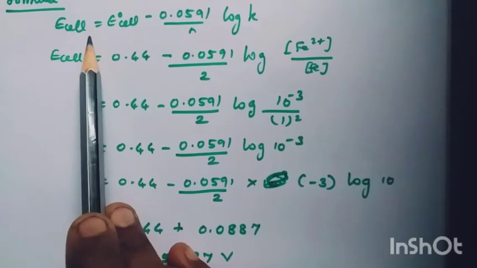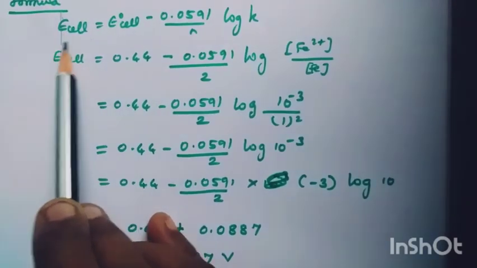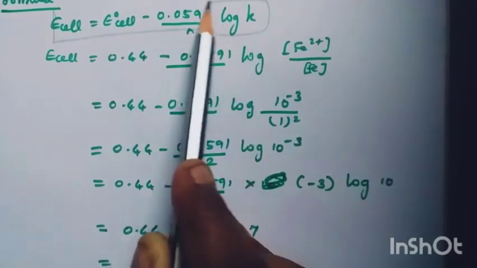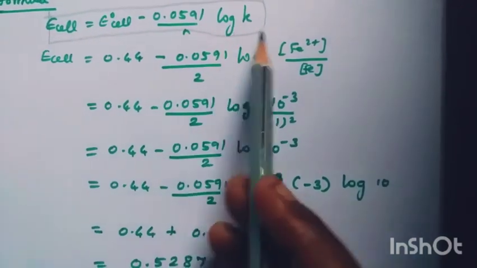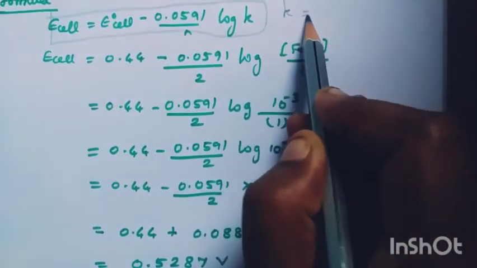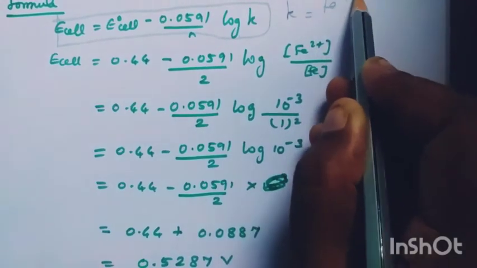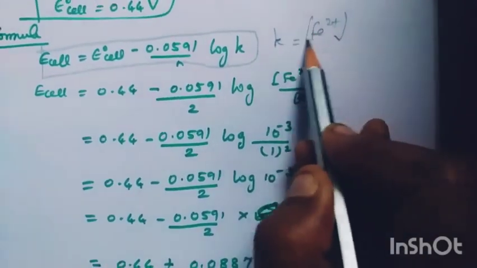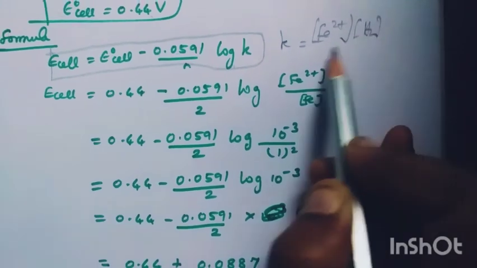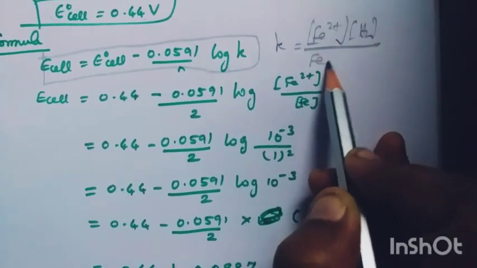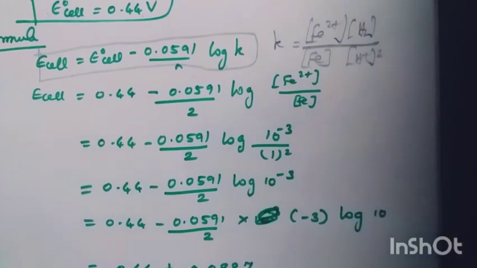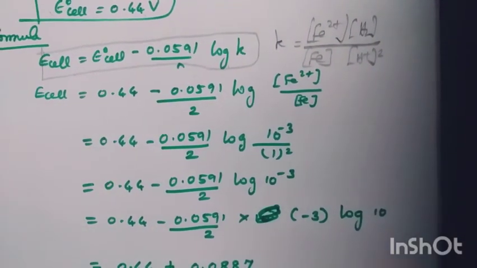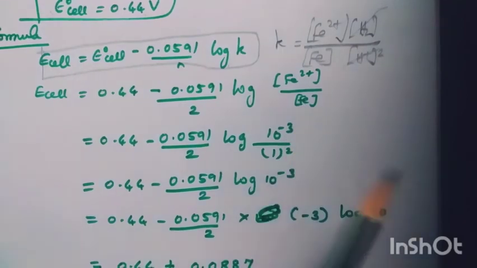What is the EMF of the cell formula? This is our Nernst equation. EMF of the cell is equal to E naught minus 0.0591 by n log K. What is the K here? K is Fe2 plus times H2 by Fe solid and H plus squared. The SHE value is always 0, so don't consider it.